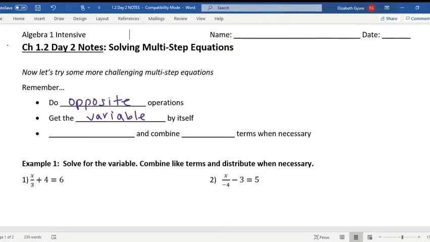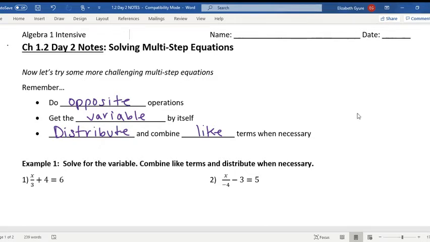And we need to make sure we distribute and combine like terms when necessary. Remember, we distribute when we have a number outside of our parentheses.